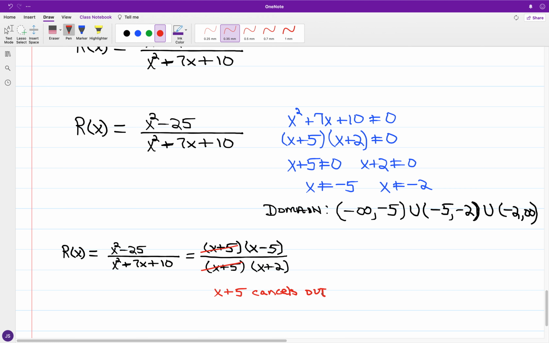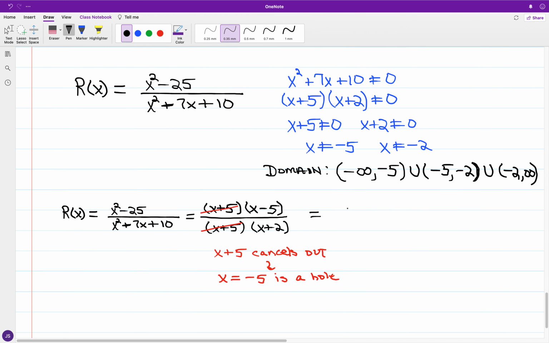So x plus 5 is going to cancel out. And there's no x plus 5 left over in the denominator, so x equals negative 5 is a hole. For the simplified result, we have x minus 5 all over x plus 2.